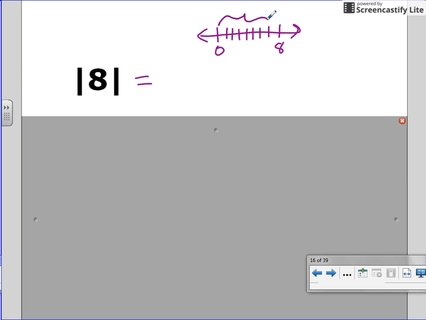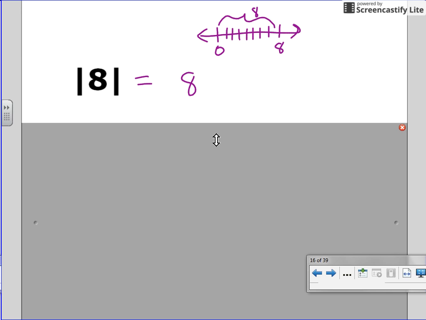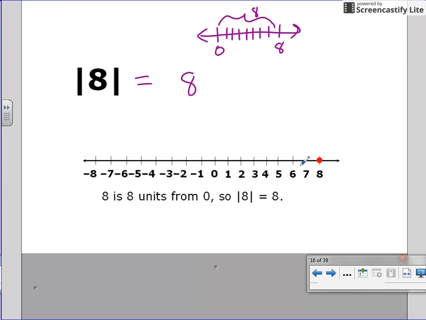It's 8 units away. We don't think in terms of positive or negative for distance. That's why absolute value is always going to be a positive number or 0. So the absolute value of 8 is 8 because it's 8 units away from 0.